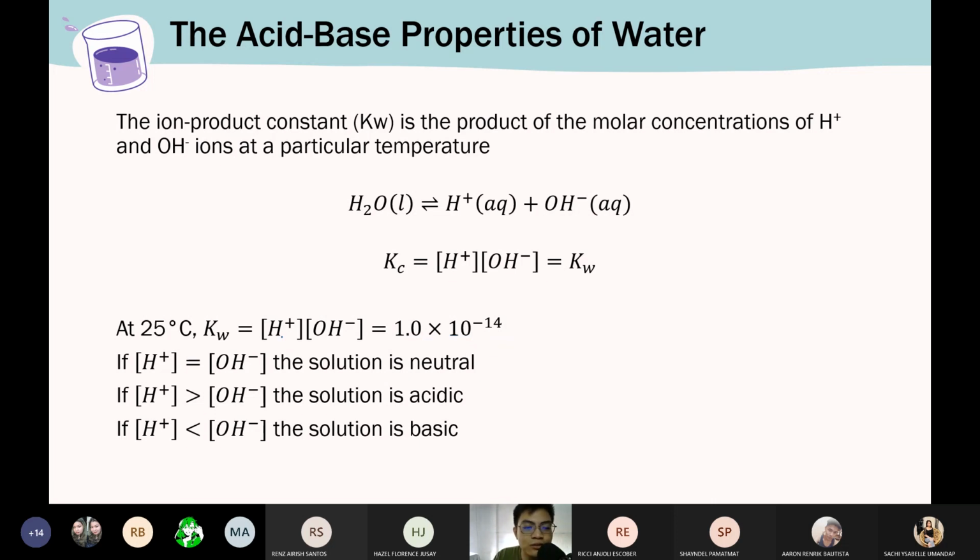If the H plus and OH concentration are equal, then it is considered that the solution is neutral. Okay? While if mas marami kang H plus kaysa sa OH, that means you are acidic, and kapag mas marami yung OH kaysa sa H plus, you are basic. Okay? The solution is basic.